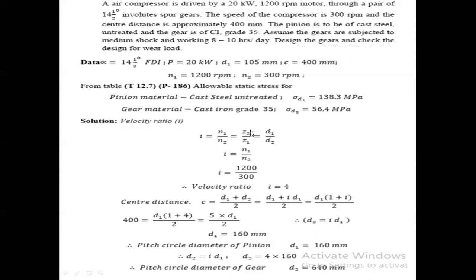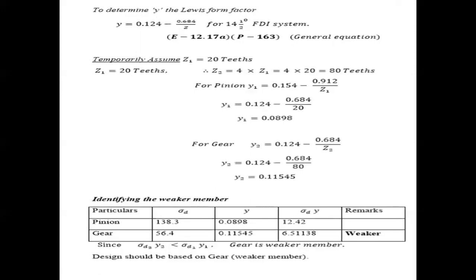In this case, z1 and z2 are the two unknown parameters. Next, the first and important step is the identification of the weaker member. To identify the weaker member, we have to use the Lewis form factor, the y equation, from page number 163.